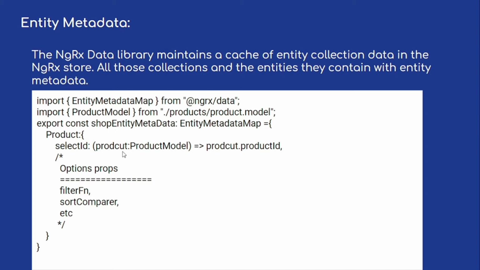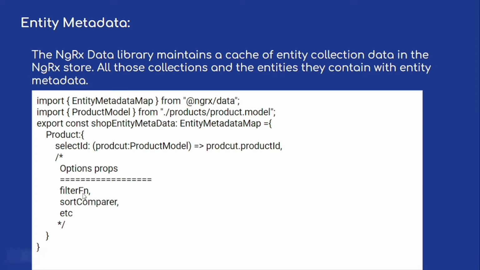Like these products, I can specify n number of model types here, like orders, customers. Everything you can register here. Then only they are going to allocate the entity collection space in the entity store. Along with selectId, there are a few optional parameters.